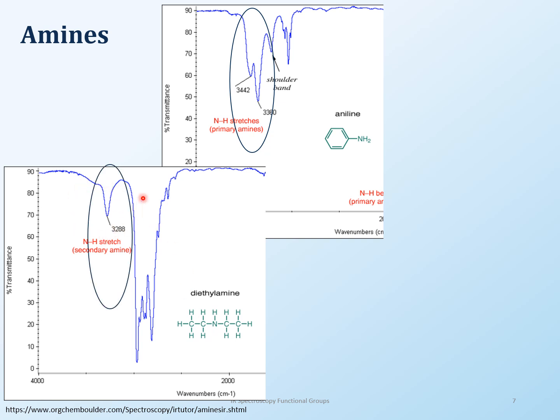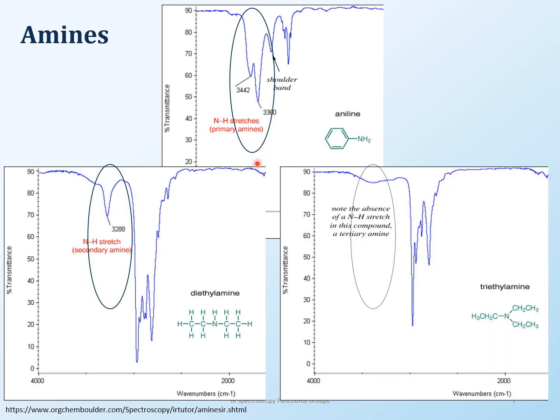The size of the peak again does not tell you anything about how many amines you have. The only thing the size depends on is the hydrogen bonding, because sometimes if you have too much hydrogen bonding going on, the peaks are wider. So this peak, for example, is much clearer than what you saw for the secondary amine in the previous slide, but this is a secondary amine.